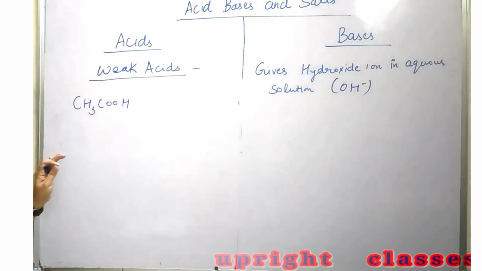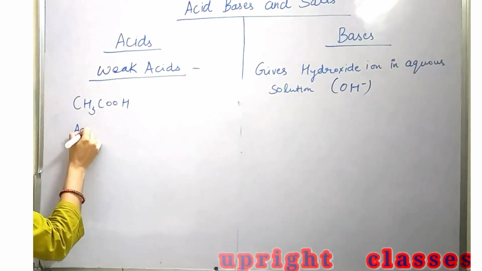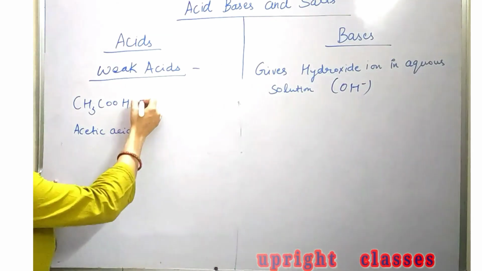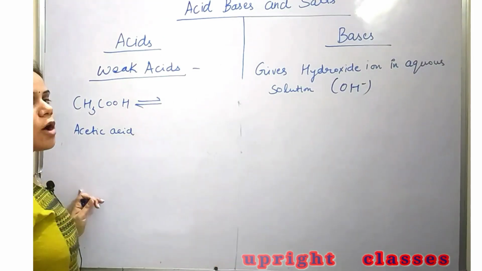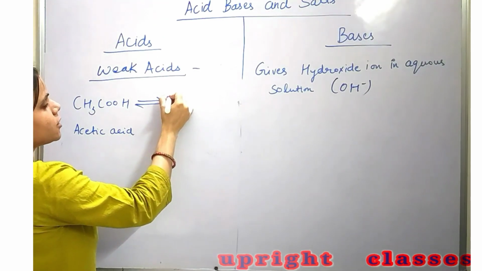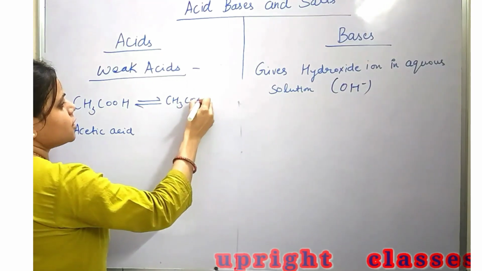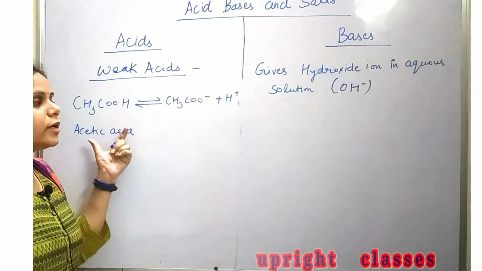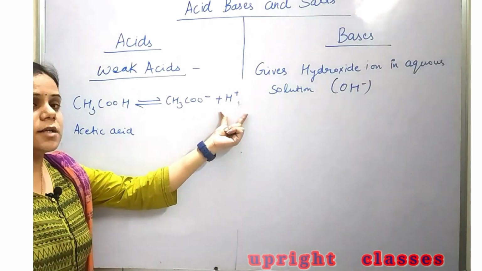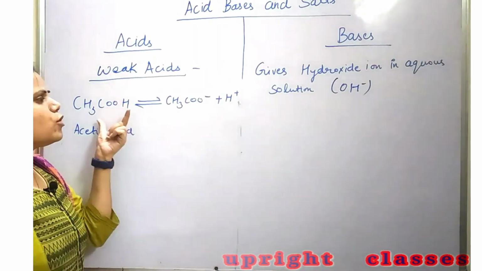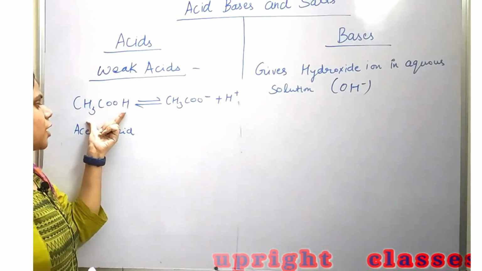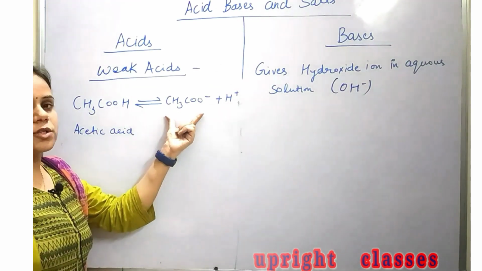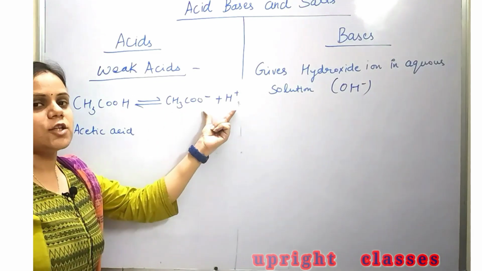I am taking the example of acetic acid, a weak acid. When it dissolves in water, it dissociates into CH3COO minus, the acetate ion, and H plus ion. Although it gives H plus ion, it is a weak acid because only some of the molecules of acetic acid dissociate into acetate ion and H plus ion.